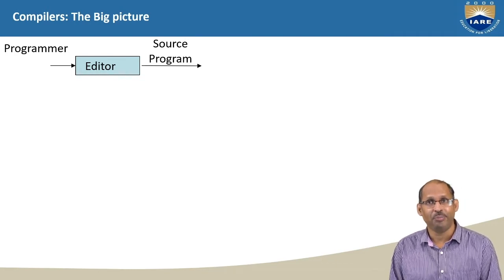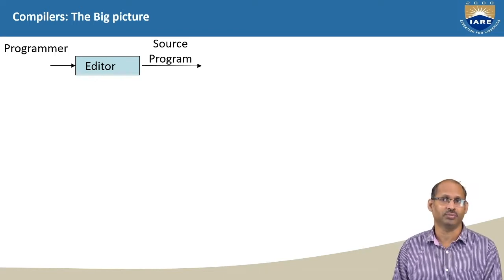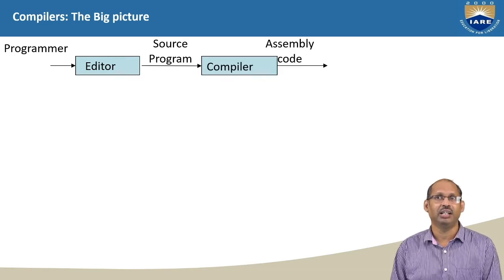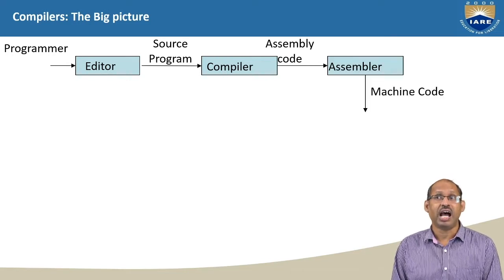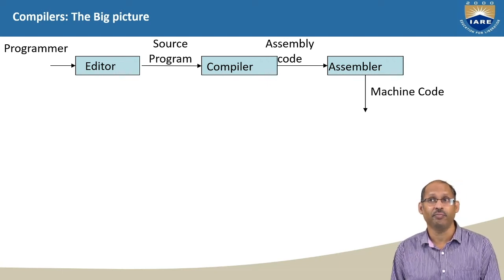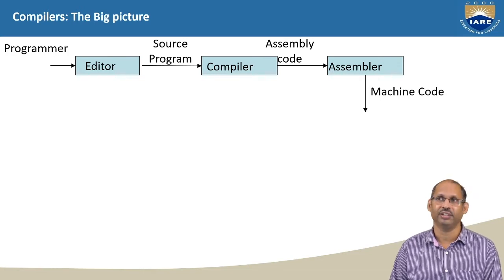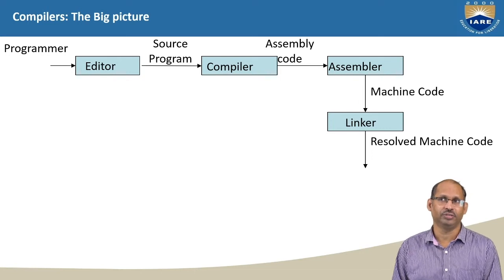So, with the help of an editor, a programmer will write a source program, right? It will be the input to the compiler. The compiler will convert the source program to assembly code. Then, the assembler will convert this assembly code to machine code, right? Relocatable machine code.